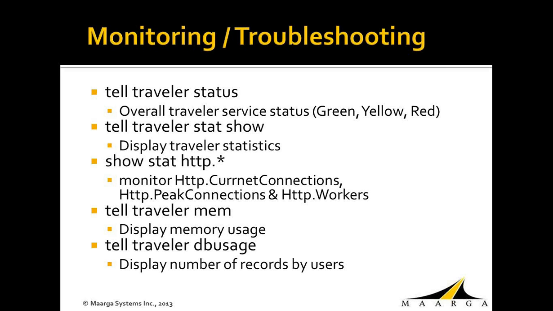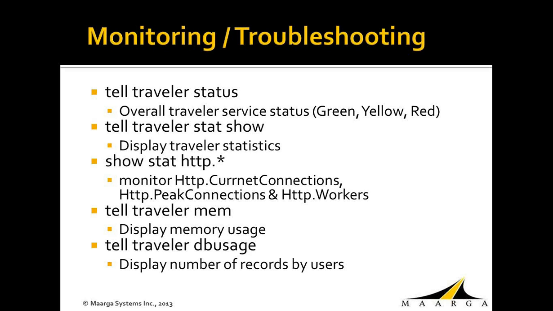And tell traveler DB usage will give you the number of records for each user. Traveler maintains a document per user and per device. For example, if one user connects 3 devices with the Traveler server, that person will have 3 documents.